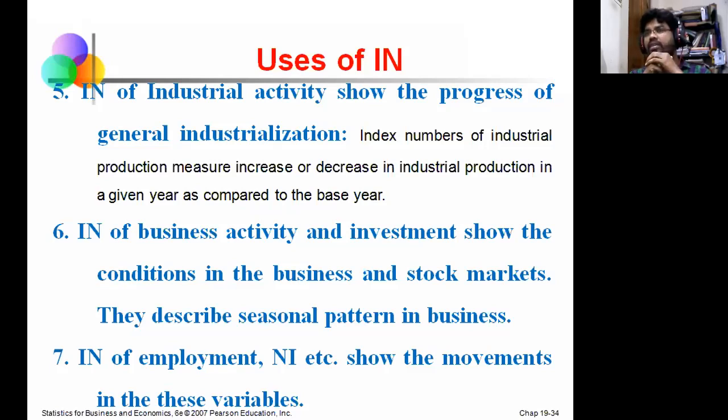What will happen? The national income decreases. Nothing but the progress is negative. Generally, we can say negative growth. So we will see that by using index numbers in employment as well as national income to show the movements of the economic variables.